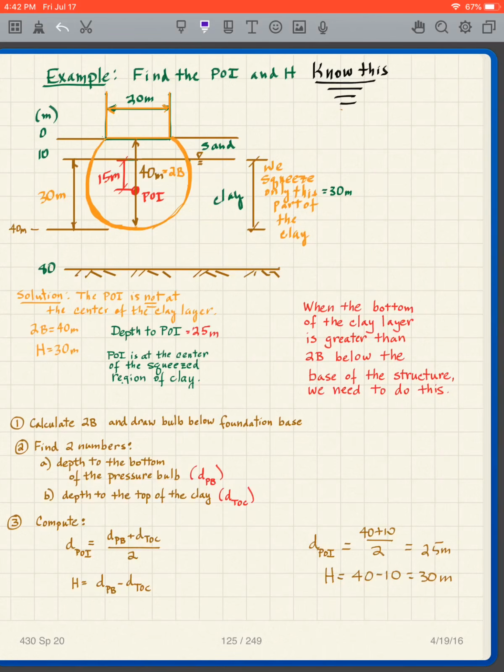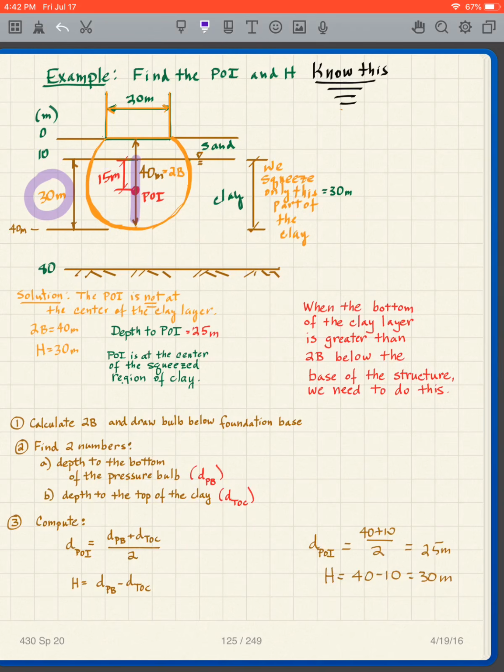Since this region is 30 meters, my point of interest is going to be 15 meters down. And so the depth to my point of interest, if that's 10 and that's 15, is going to be at a depth of 25 meters.